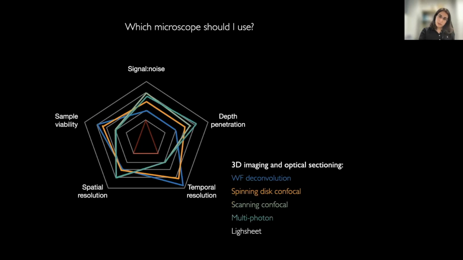Then you have multiphoton, which enables deeper penetration, and light sheet, which offers not just deeper penetration but better temporal resolution. Again, talk to your facility staff members to guide you through these different microscopes and help you find the optimal microscope for your application.